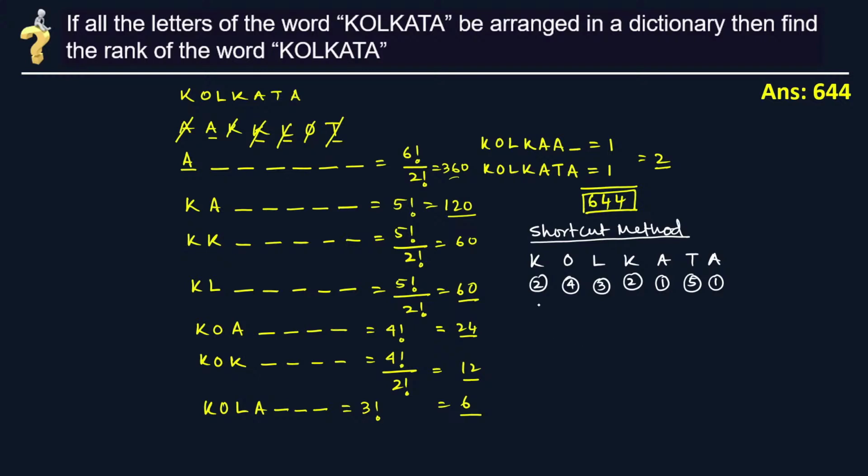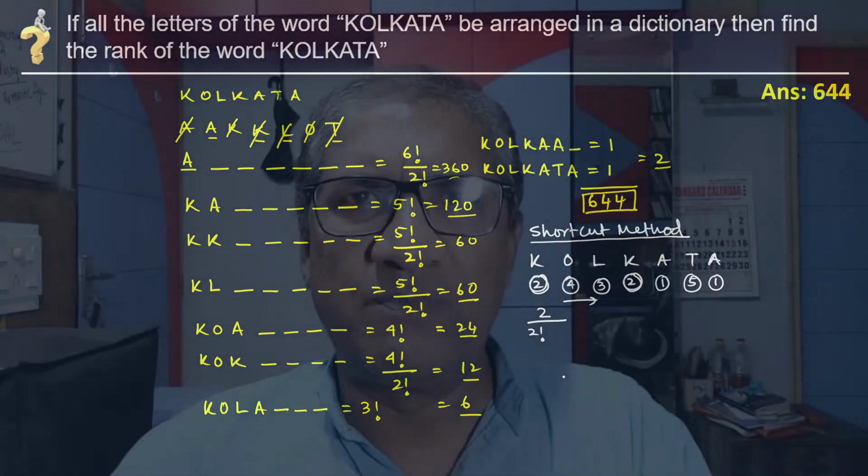Now what you have to do, the same thing that we have done in the previous sum. I have to check how many numbers are there in the right hand side which are less than 2. We can easily see that there are two such numbers, 1 and 1. So you simply write down 2. Okay, but now, these two ones are identical. So it has to be divided by factorial 2. At the same time, these 2 and this 2, they are also the same number.